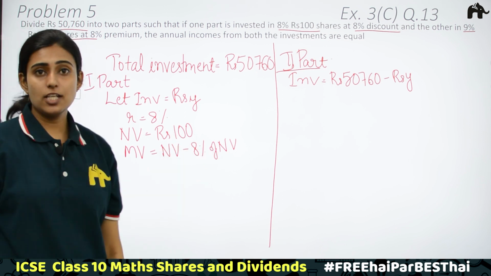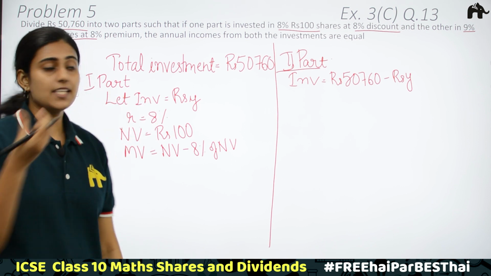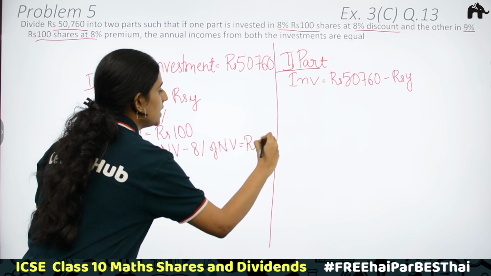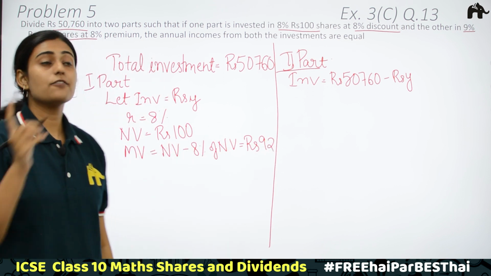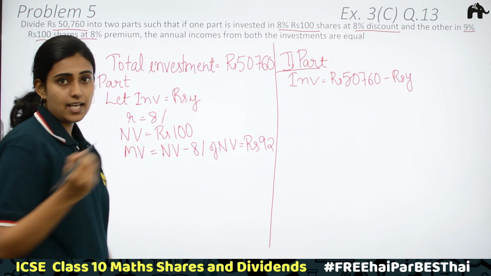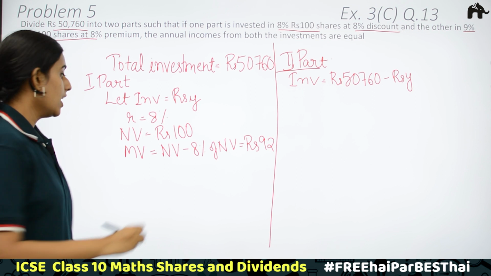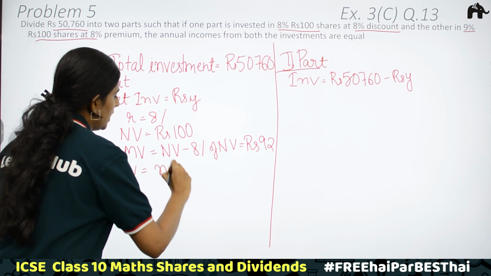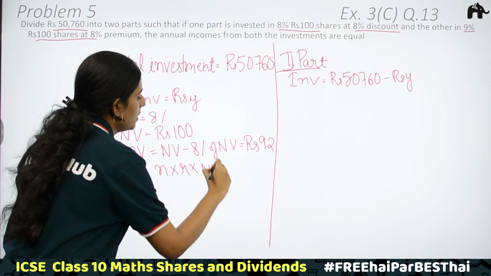What is 8% of 100? Rupees 8. Subtracting rupees 8 from rupees 100, you will be getting rupees 92. So, this is the market value of first part. Clear? Market value of one share in the first part. Now, in order to find the dividend, we need the number of shares, rate of dividend and nominal value of one share.